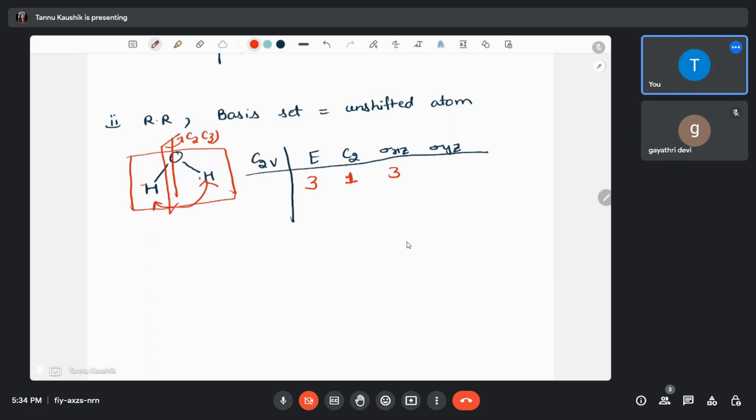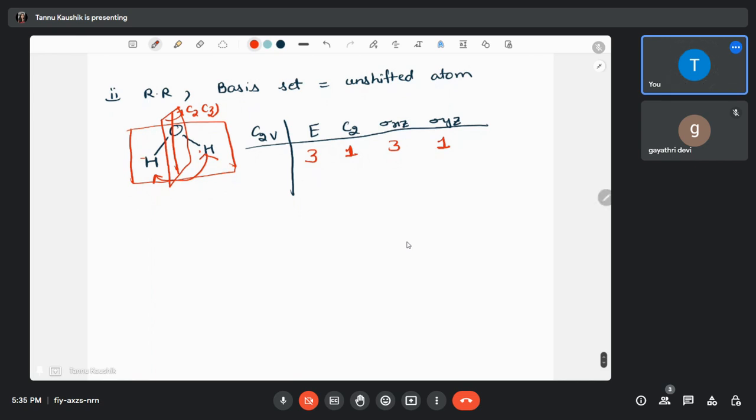And for sigma yz, which is along the C2 axis, when we apply this operation, the two hydrogen atoms will reflect and exchange their positions. The only atom remaining unchanged here is again the oxygen atom. So we will have one unshifted atom here.